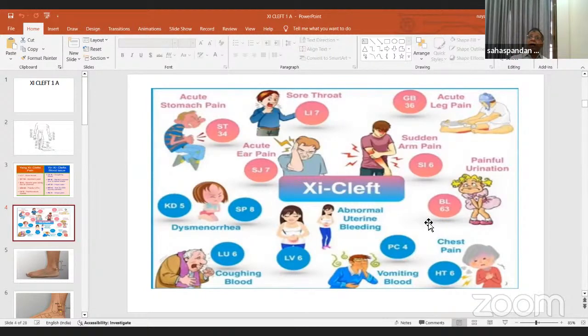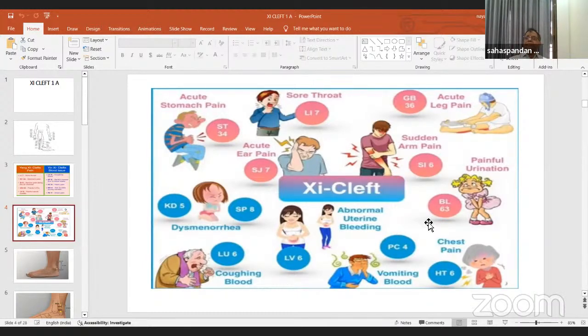Heart 6 for the severe acute heart pain and acute bleeding. Small intestine 6 for acute pain in the shoulder and scapula, and eye disease with pain.